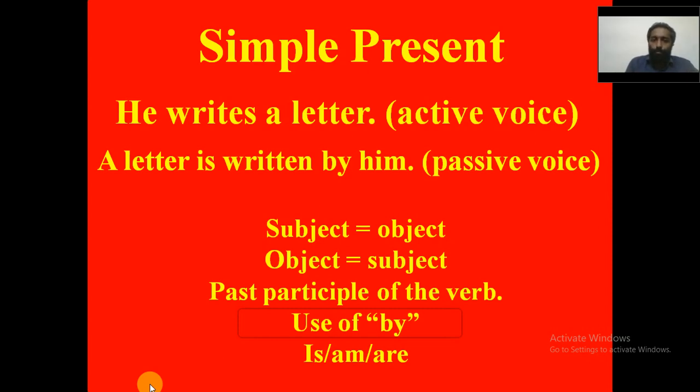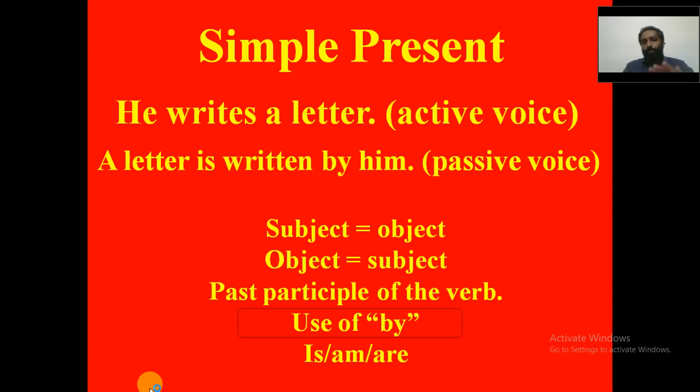Subject becomes the object, he becomes him. A letter, the object, becomes the subject. Past participle of the verb. By is used, and we will take these 3 words, either is, am or are, that depends on the subject. Here a letter is a singular subject, so we have used is. If it were to be letters, we would have used are written.